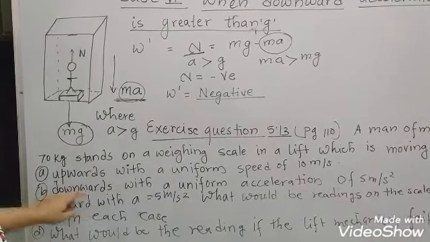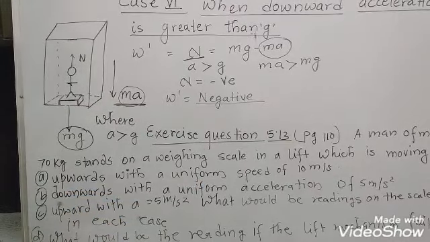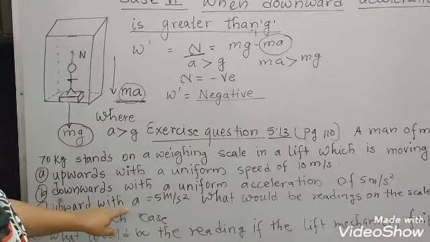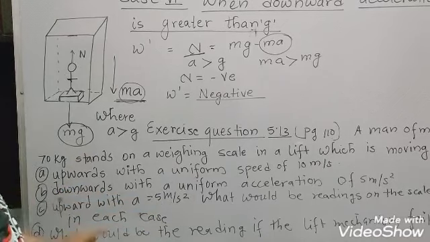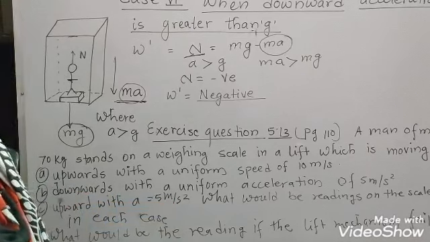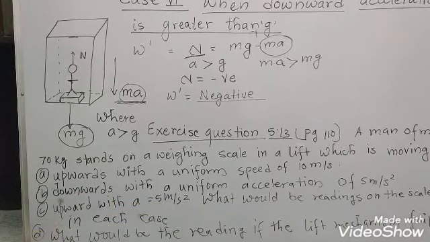Second case, downwards with a uniform acceleration of 5 meter per second square. Third case, upward with uniform acceleration 5 meter per second square. In all these three cases, what would be the reading on the scale in each case?